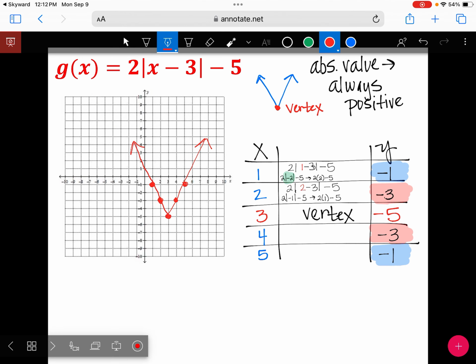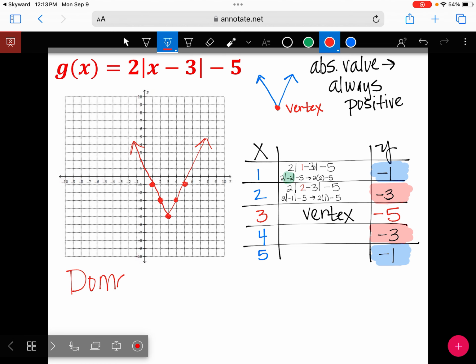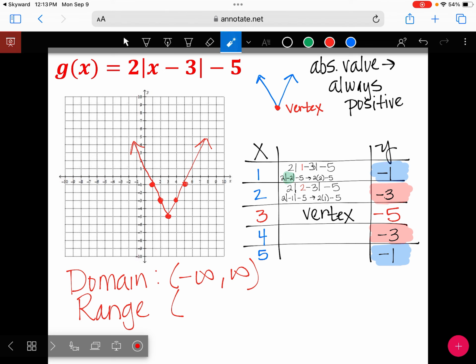So your domain, because we have arrows pointing left and right, our domain is all real numbers. But our range, what is our lowest Y value? When we look at the Y value of our vertex, what do we get? -5. So bracket -5 to infinity.